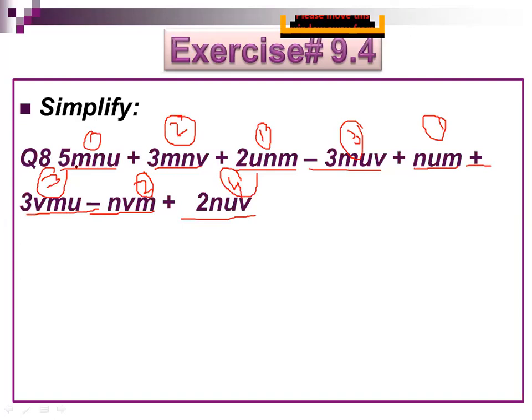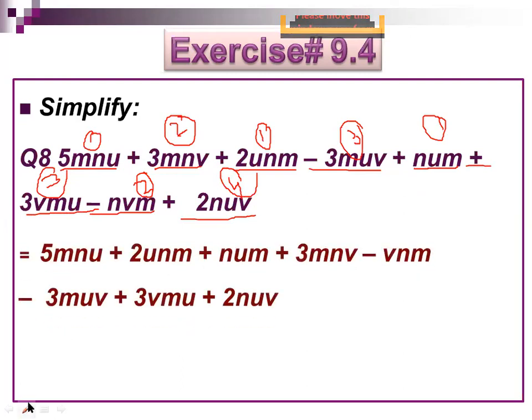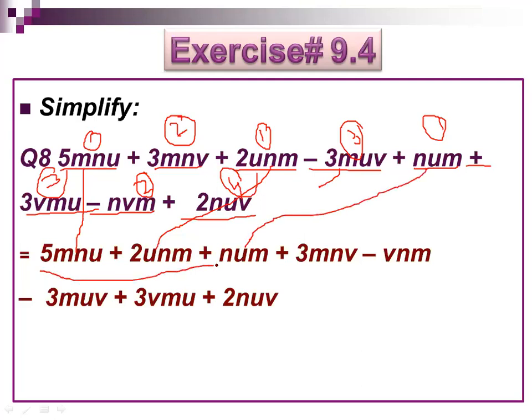First you will write 5mu, plus 2um, and plus um. This is the way to arrange them together. This is your first like term.